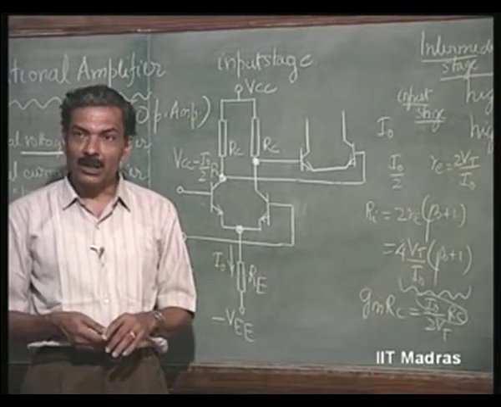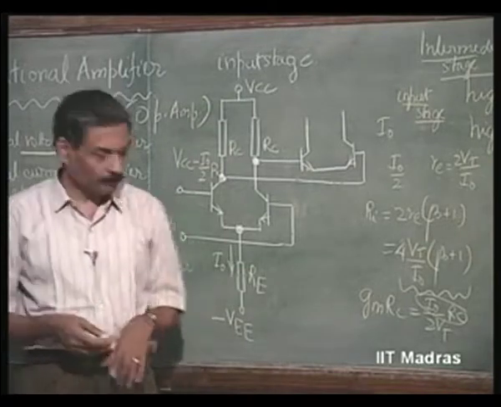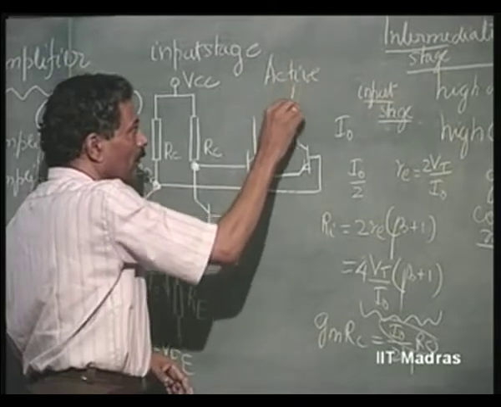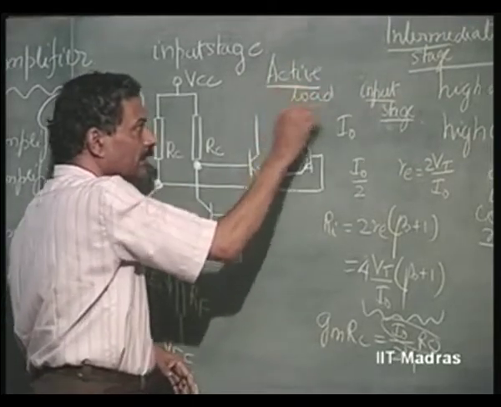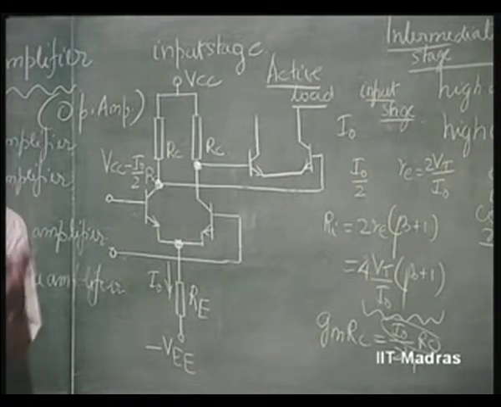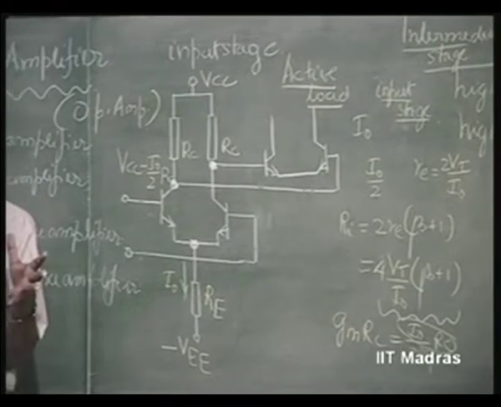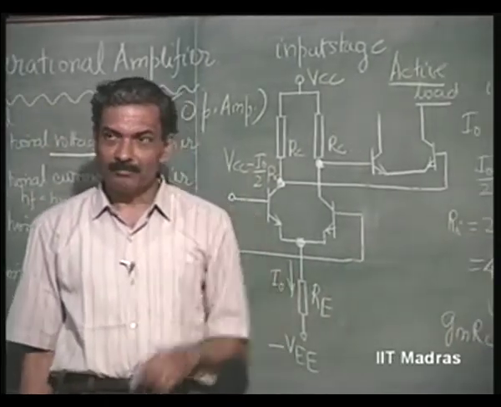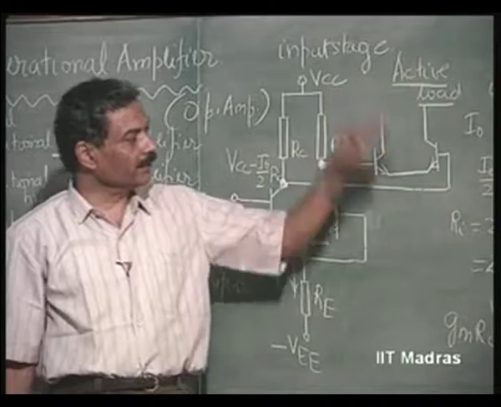So I use what is called an active load. What is it that gives you equivalently high resistance but using low DC drop? It is called an active load.